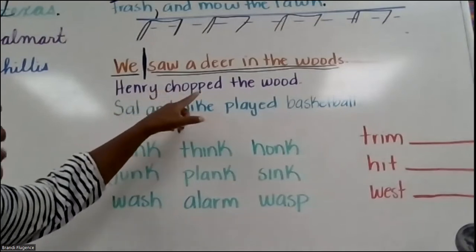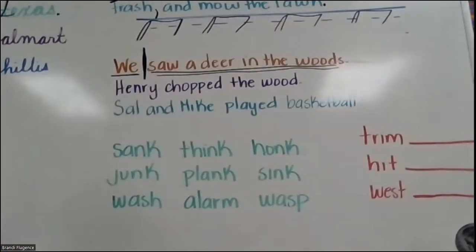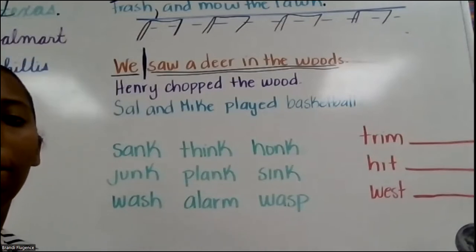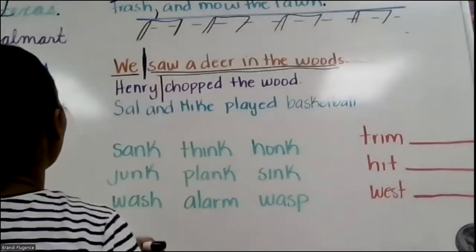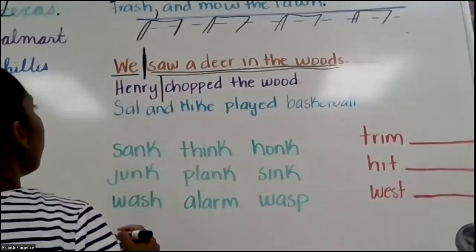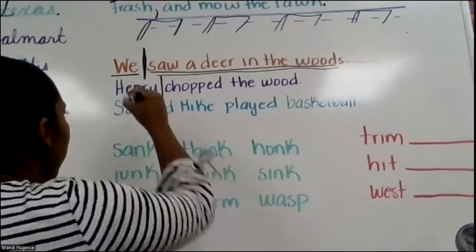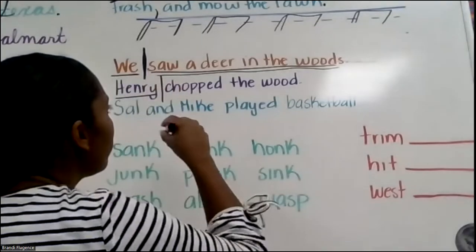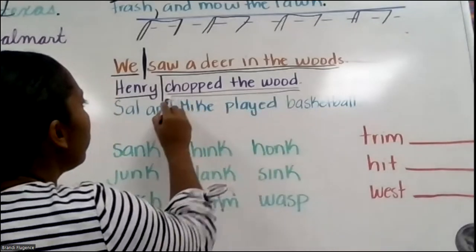Now, Henry chopped the wood. Where am I dividing this sentence? Between Henry and chopped. What's the subject? Henry. And what's the predicate? Chopped the wood. Good.